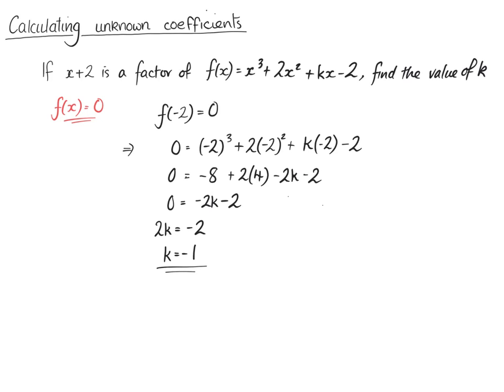Okay, there's not much more to this. I will do an example where we have two unknowns though, where we've got to do simultaneous equations to solve, and we have to factorize fully, which is the other thing that we could be asked to do.